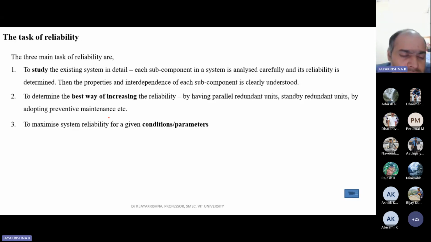To study the existing system, then to come out with the best way of increasing the reliability of the system, and the third is to propose the ways of maximizing the system reliability under the given conditions and parameters. That is very important. For these conditions or these parameters, how can I increase the reliability of the product? So that is called the task of reliability.